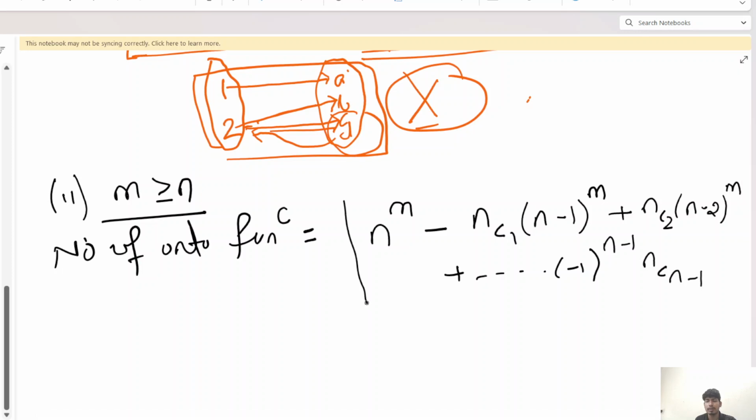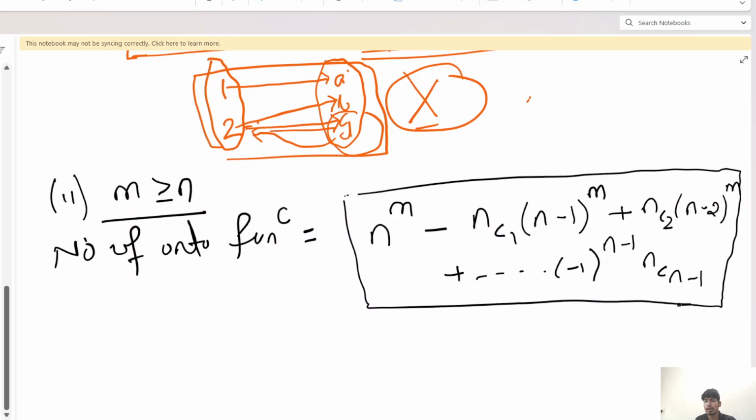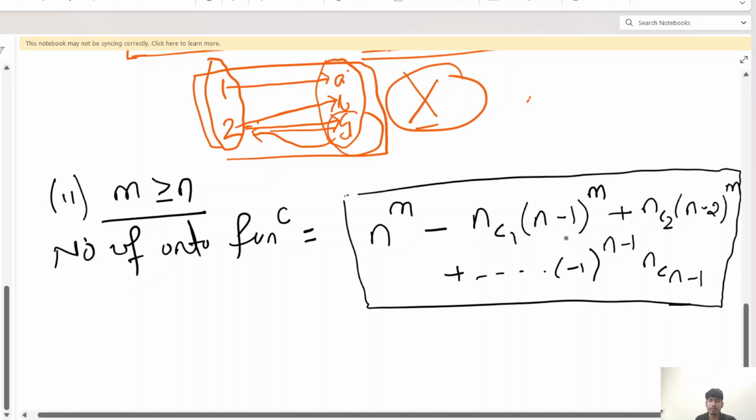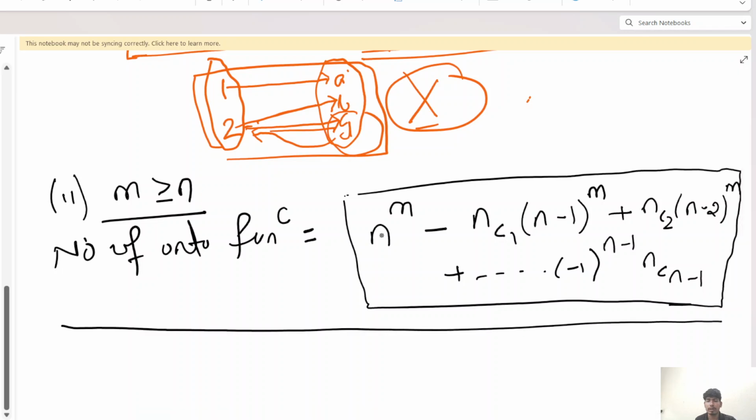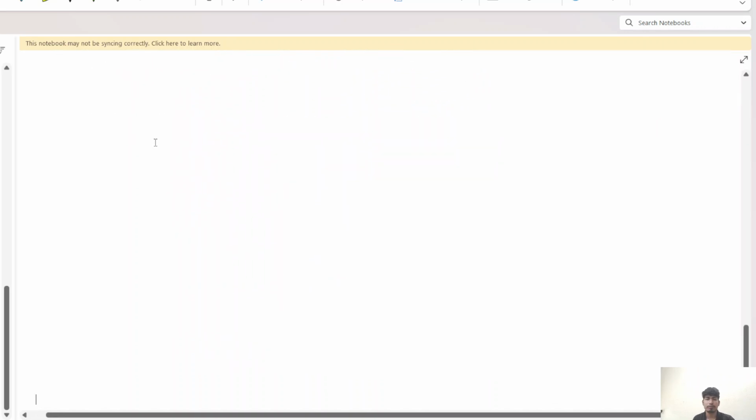This value is the number of onto functions. So this is all about the number of functions: one-one and onto.